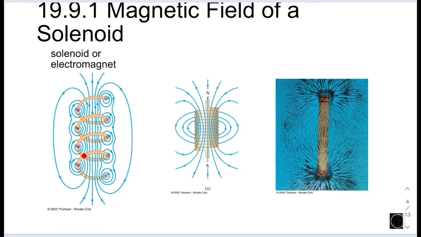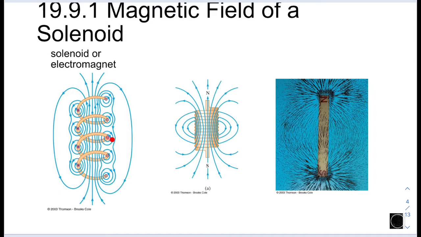Grab the side that is nearest to you, that can be physically seen by you. This is the direction of the current, this is into the page, this is out of the page. So you will get the direction of this by using right hand rule number 2, or Grab's rule.